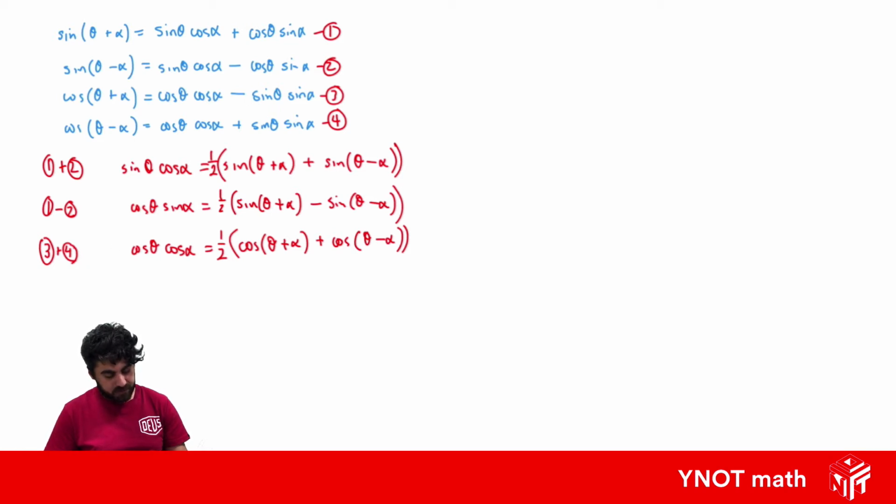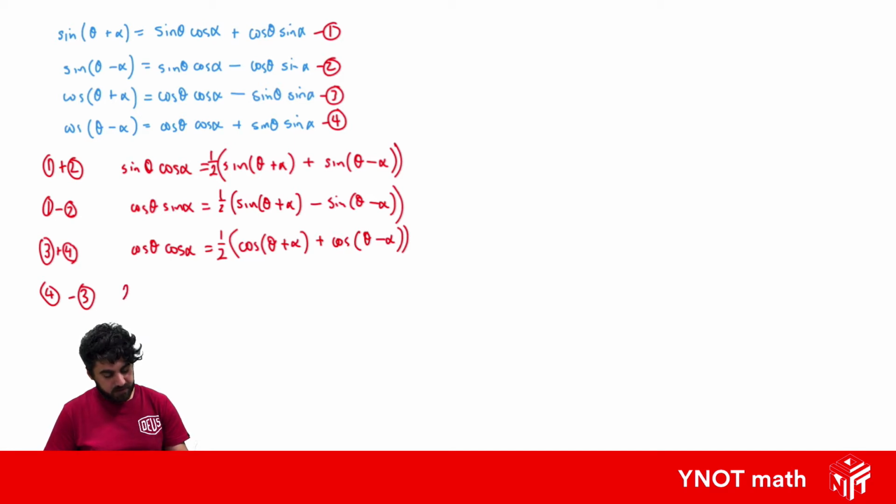Finally, let's do equation 4 minus equation 3. And we're going to get these two terms cancelling out this time. So that minus that will cancel, and then this minus this will end up being plus.